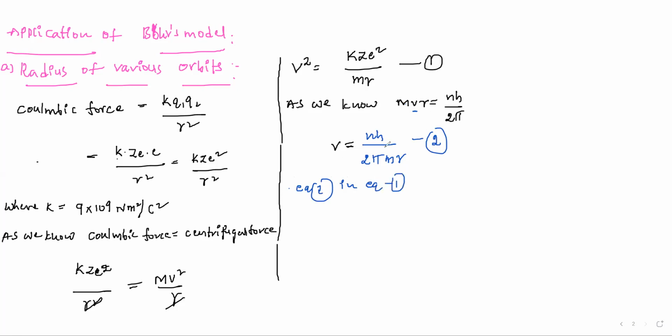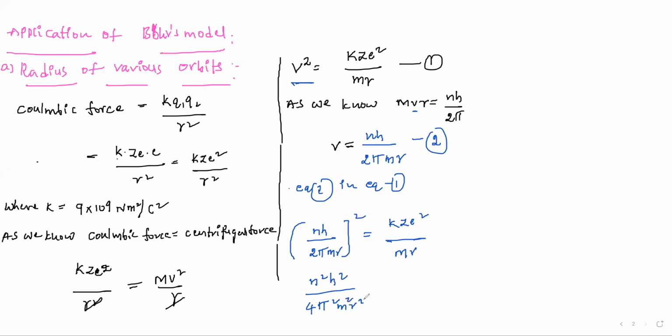Instead of V, we take n h by 2 pi m r. So the equation becomes n h by 2 pi m r, whole square, equals K Z E square by m r. This gives n square h square by 4 pi square m square r square equals K Z E square by m r.